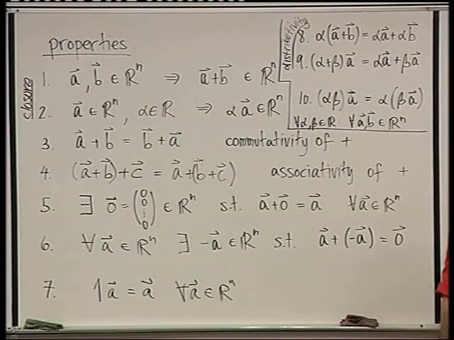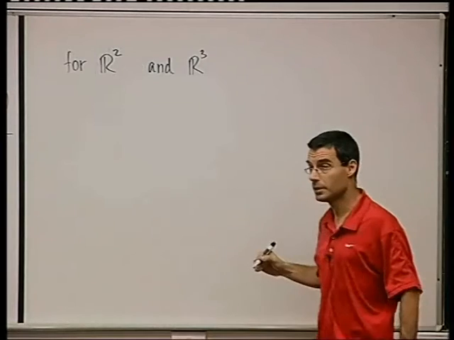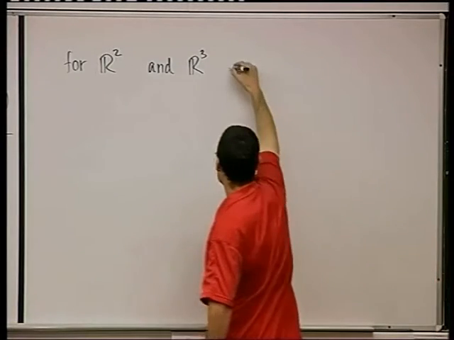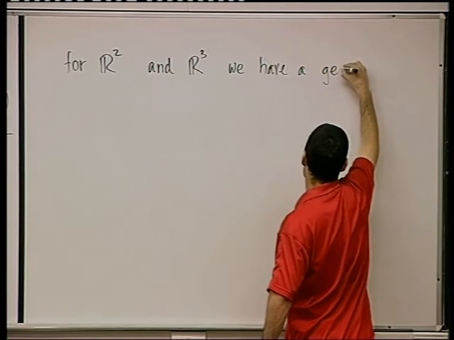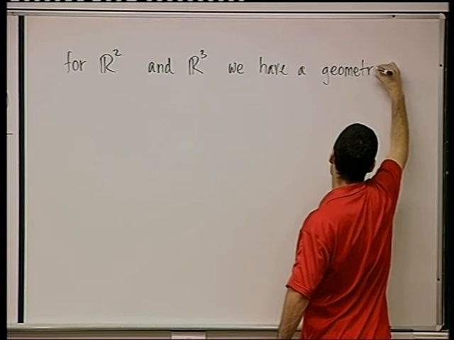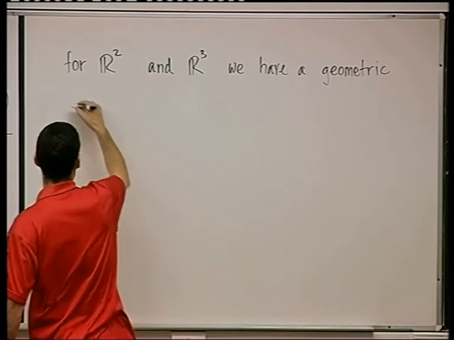Okay, so for R2, which is just pairs of real numbers, and R3, which is triples of real numbers, we have a geometric point of view, a geometric realization.